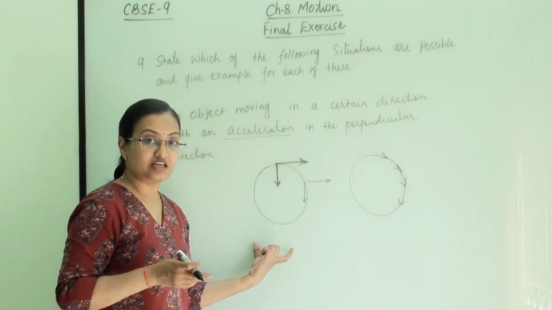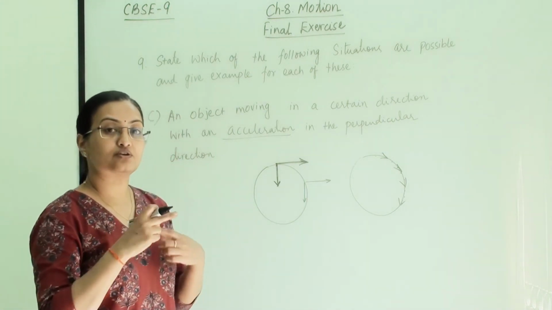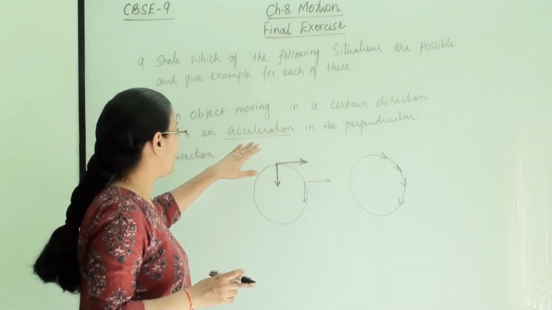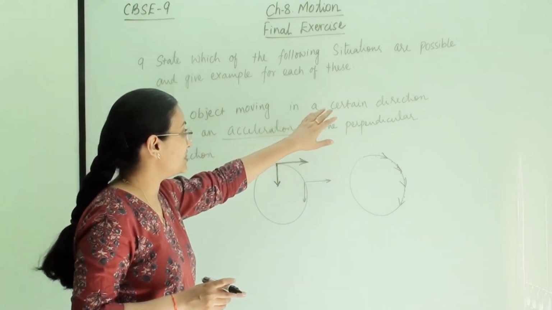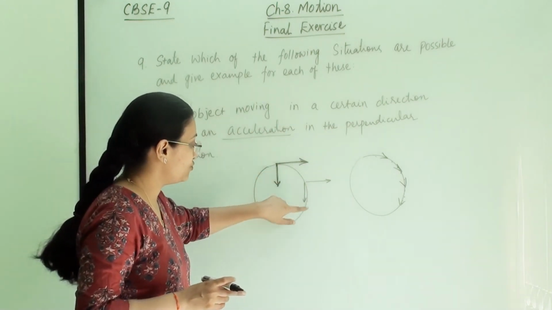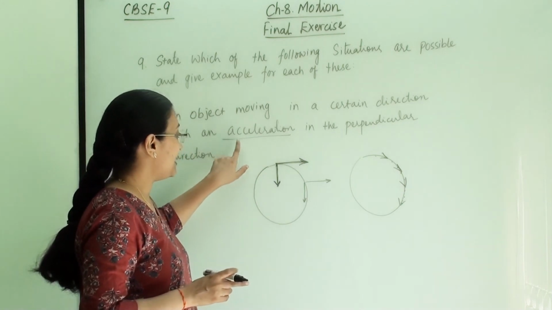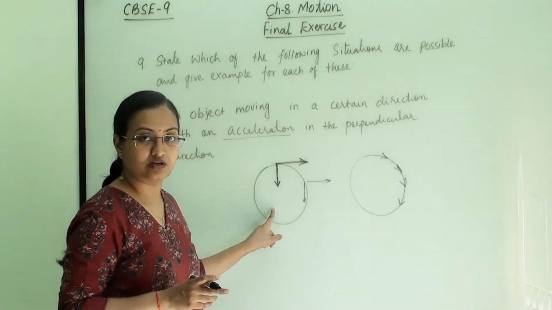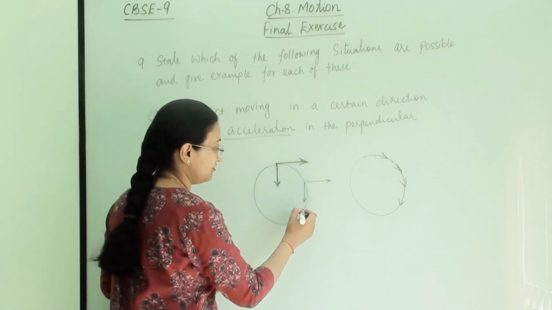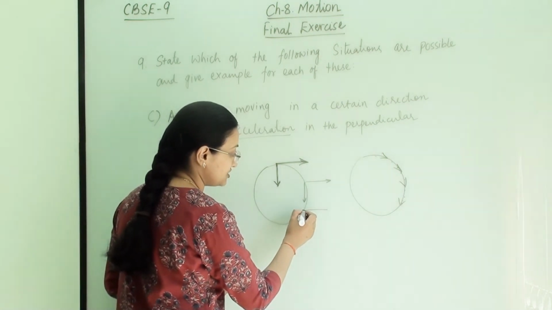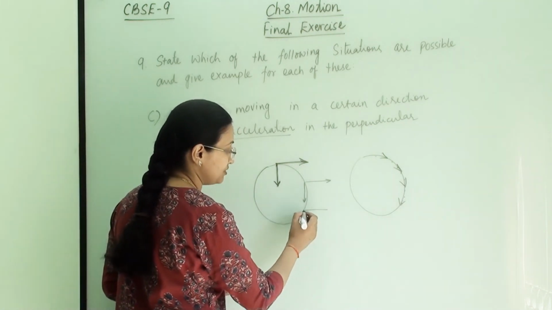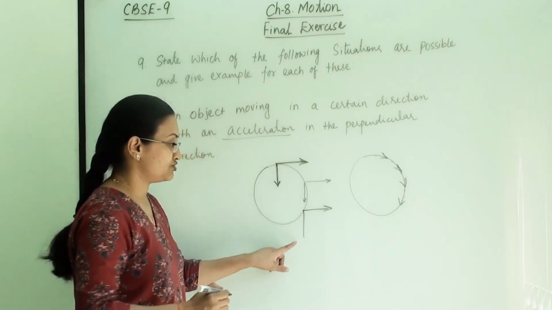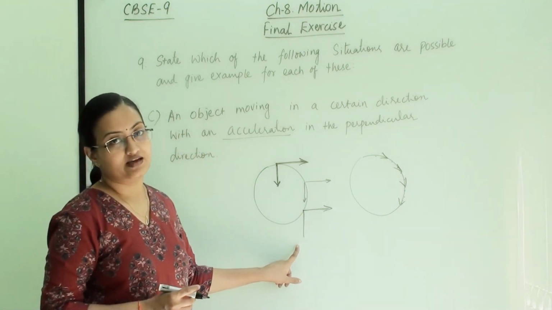So this is the case when in uniform circular motion these things will happen. The object is moving in a certain direction and the acceleration will be perpendicular at each and every point.